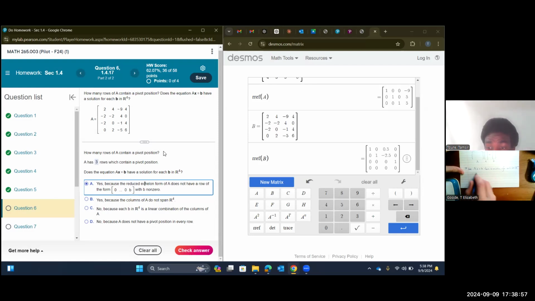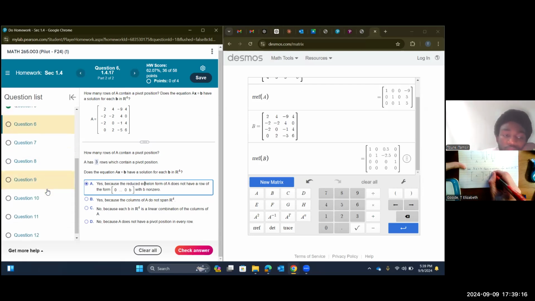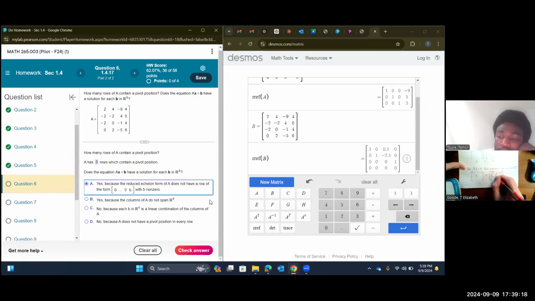So the deal is when you row reduced A, which is 4 by 4, you got pivots. I won't write the entries, but you got a pivot here, here, and here.